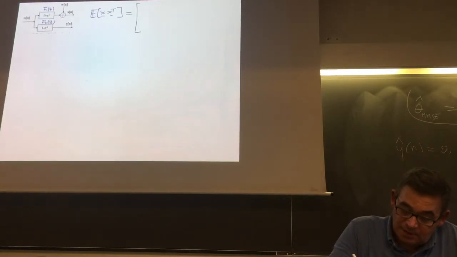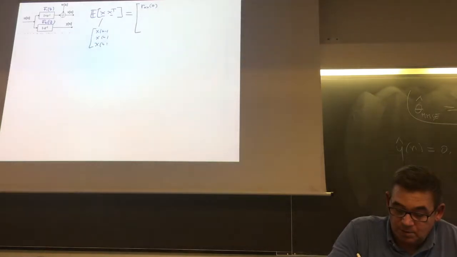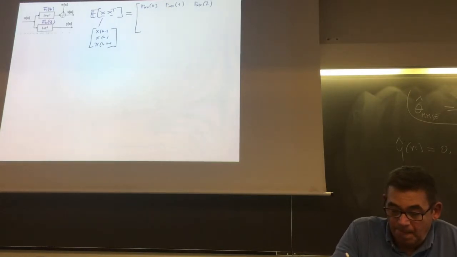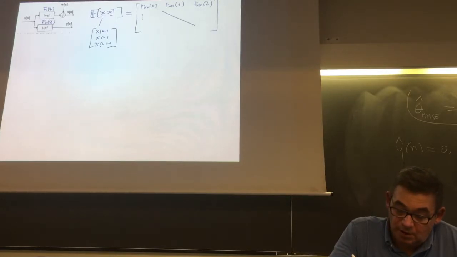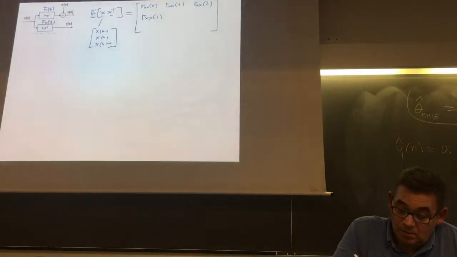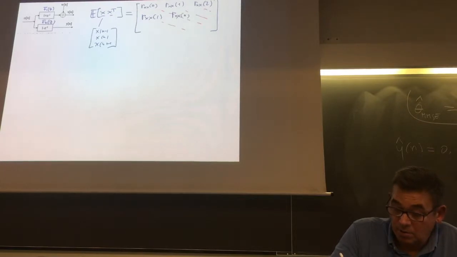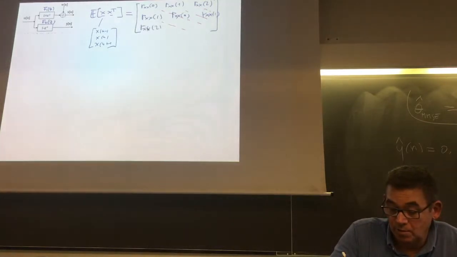This is the autocorrelation at 0, then x n minus 1, x n plus 1, so I order them: Rxx0, Rxx1, Rxx2, Rxx1, Rxx0, and so on, with a Toeplitz structure.